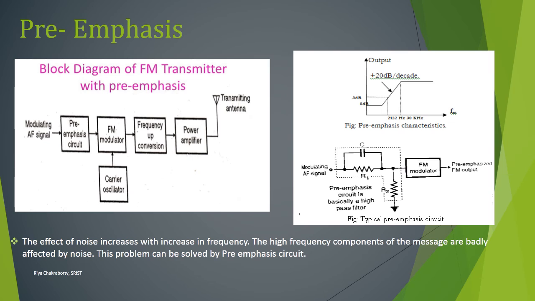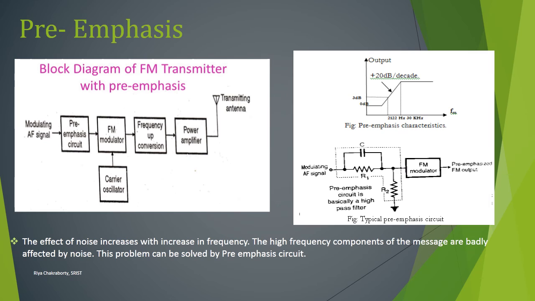The pre-emphasis circuit is basically a high pass filter. The pre-emphasis is carried out at the transmitter, and the frequency for the RC high pass network is 2122 Hz. Please remember 2122 Hz.